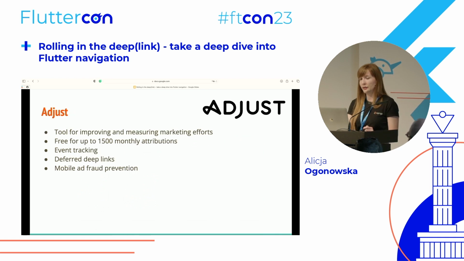And also there is Adjust, which is maybe not that big, but also quite popular among marketers. It's also a tool for improving and measuring marketing efforts. It also supports analytics and deferred deep linking. And they have an SDK for mobile ad fraud prevention.